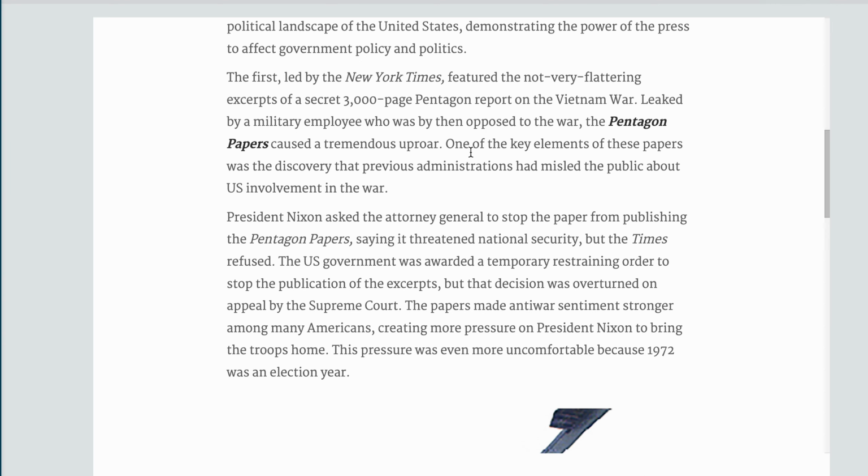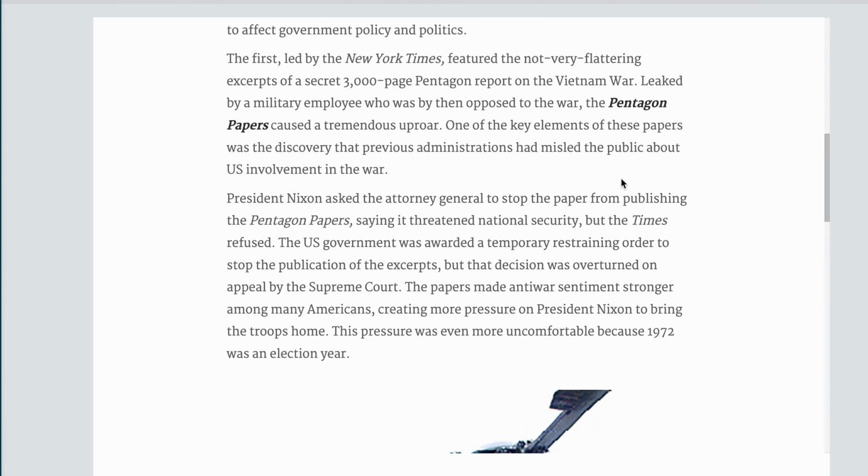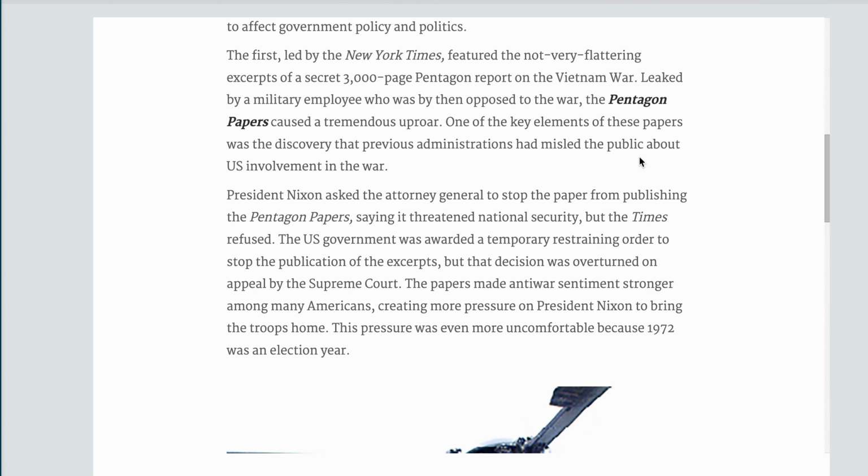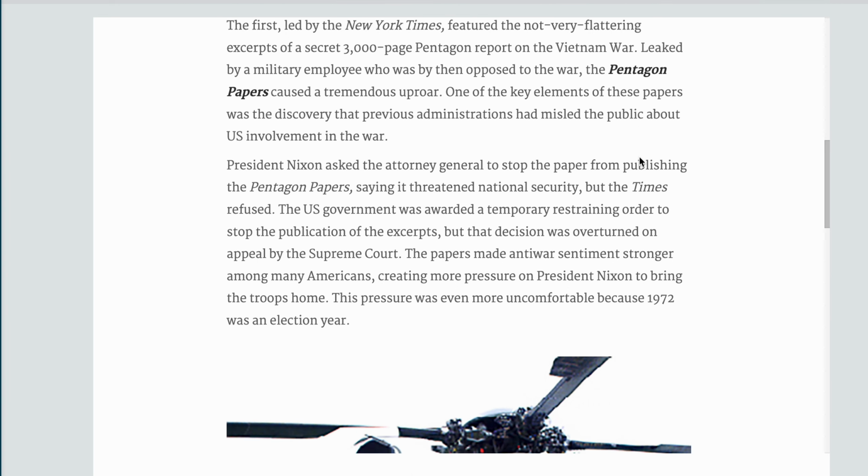It led to the discovery that the previous administration had misled the public about the US involvement in the war, which made the Americans feel that they were betrayed. They thought they were participating in the war for certain reasons, but it was exposed to be false reasons, and there were other reasons for this involvement.